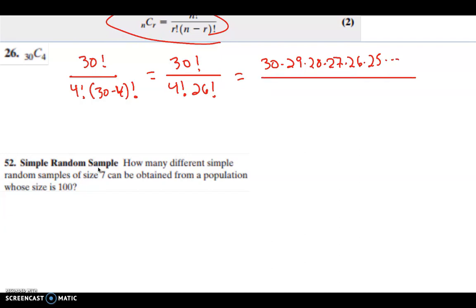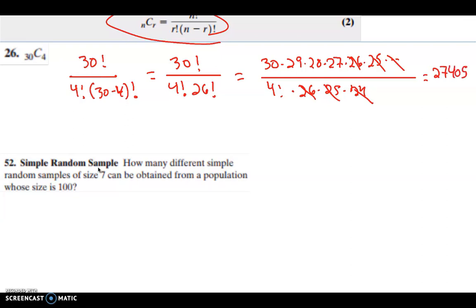And then you'd have 4 factorial times 26 factorial, which is 26 times 25 times 24, and so on. And the 26 cancels, the 25 cancels, the 24 cancels. That goes all the way down. So you get tons of cancellation going on. So it's just really nice how this works out.